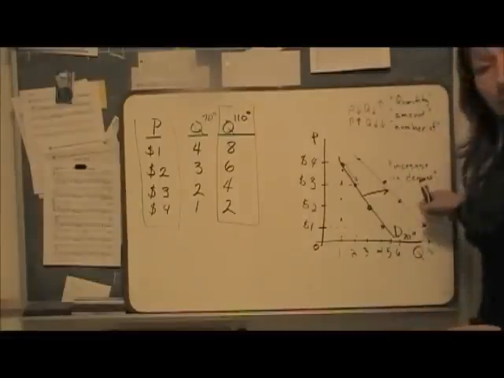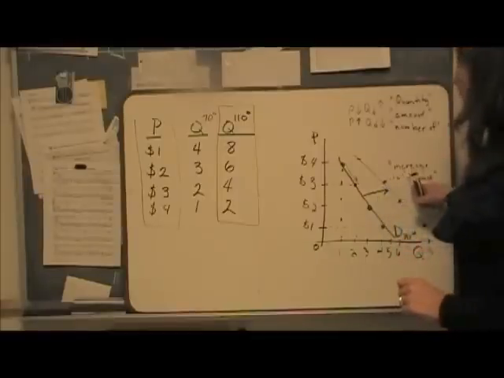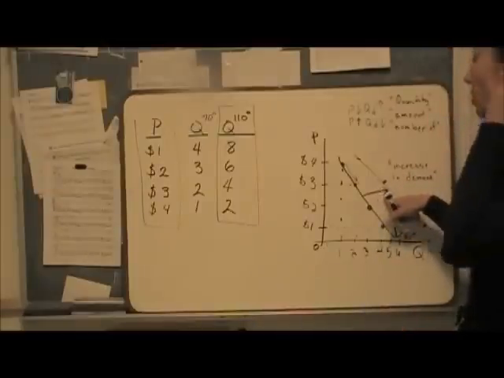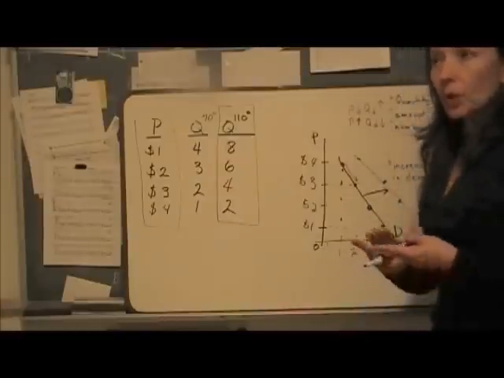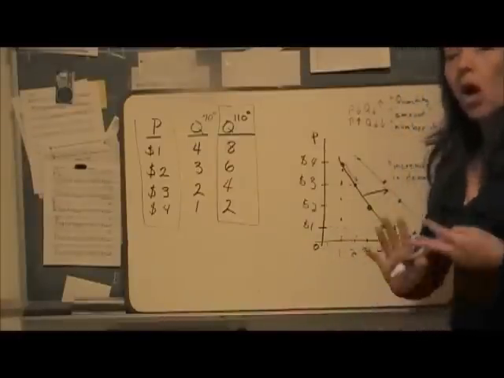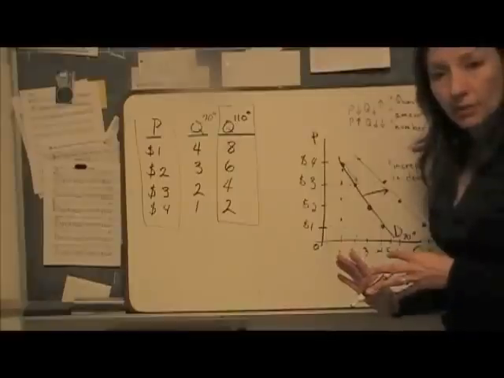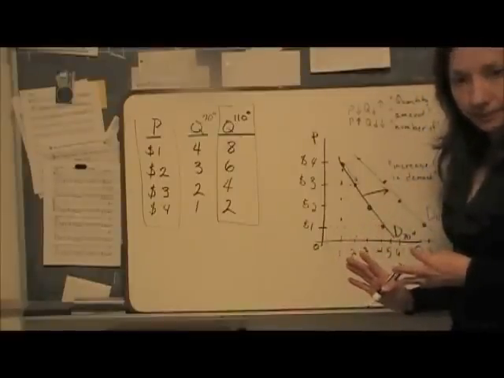Nowhere does it say that the price changed. Price does not change when we have a change in one of our assumptions. Okay. So when it's a change in temperature or why we like a product or how much income we have, all of those things are going to result in a shift of the demand curve. And then we call that an increase in demand.